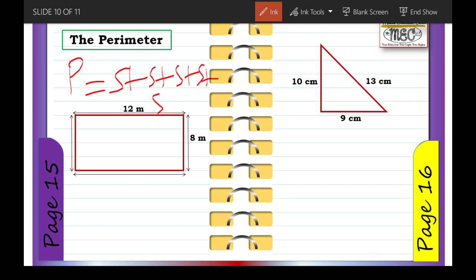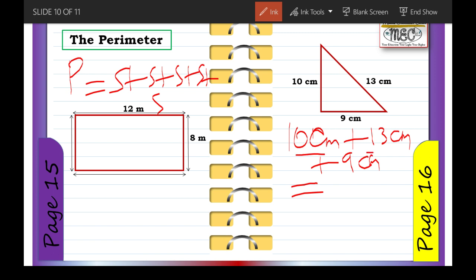Here we have a triangle. We have 10 centimeters plus 13 centimeters plus 9 centimeters, and then 10 plus 13 is 23. 23 plus 9 is 32 centimeters.